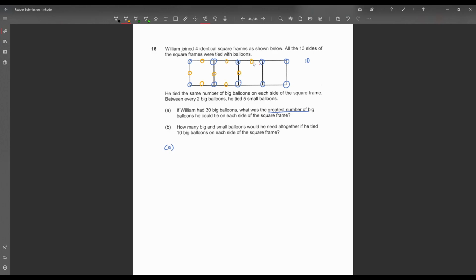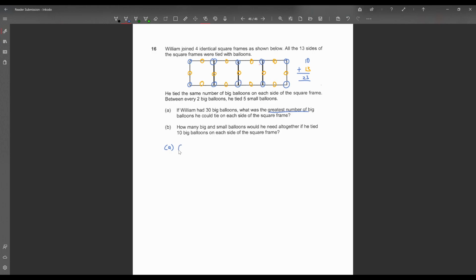So there are 13 sides. So we know that. After that, they will have 13. So we add them together. It's already 23. So if we were to add another balloon on each of the sides, there will be another 13, which will be 36, which will be over what William had.